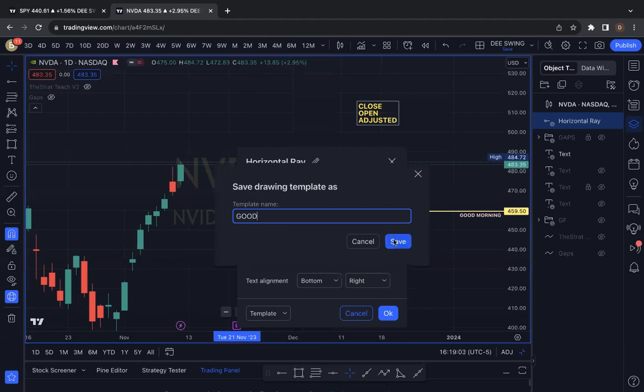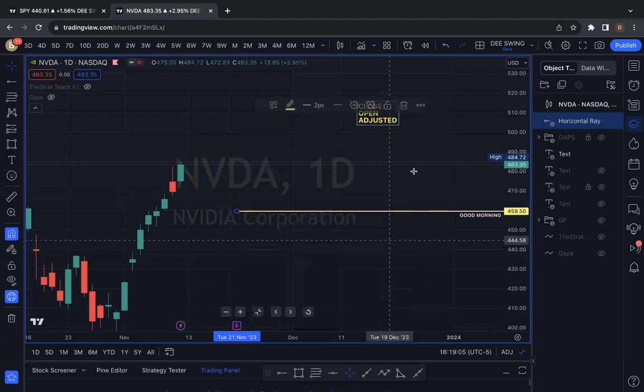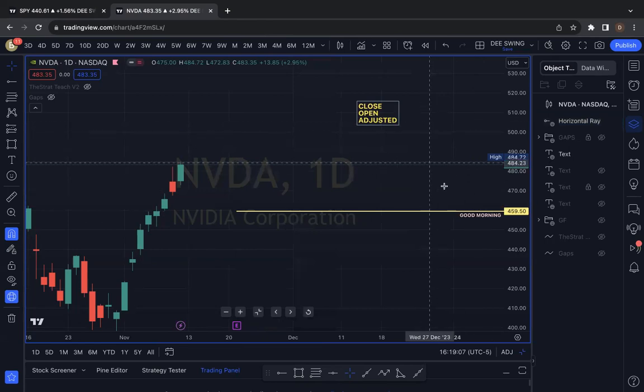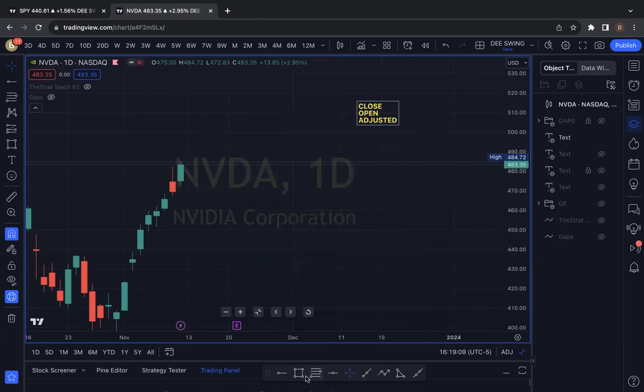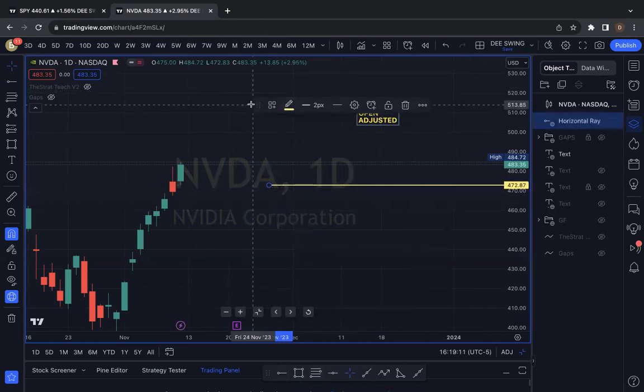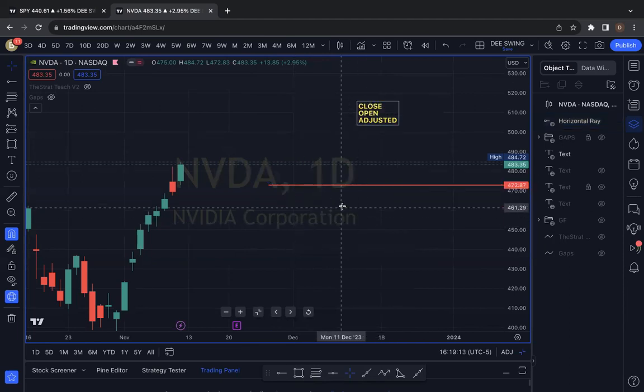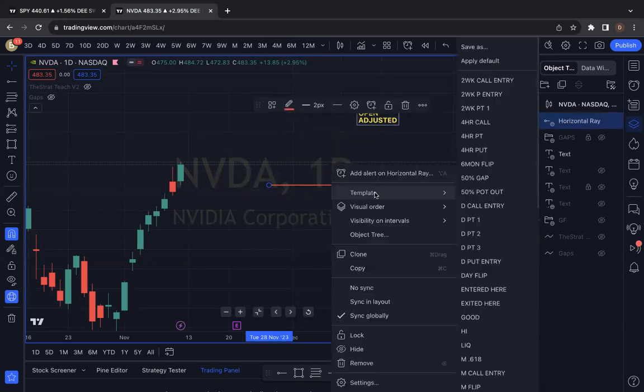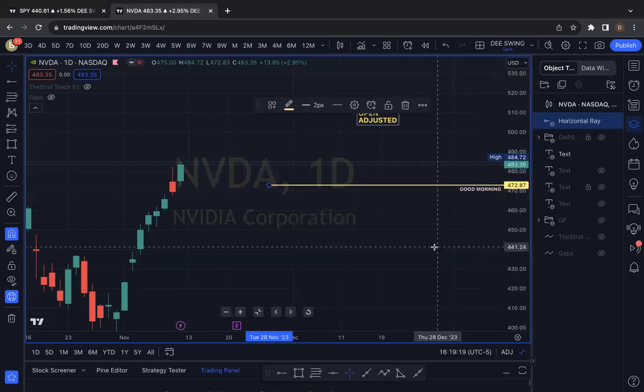Let's say I name it good, and then I click save, and I click OK. So now I have just created a template. Even if this line is blue, or even if it's red, if I right click it, go to template, then click good, it'll turn into that.